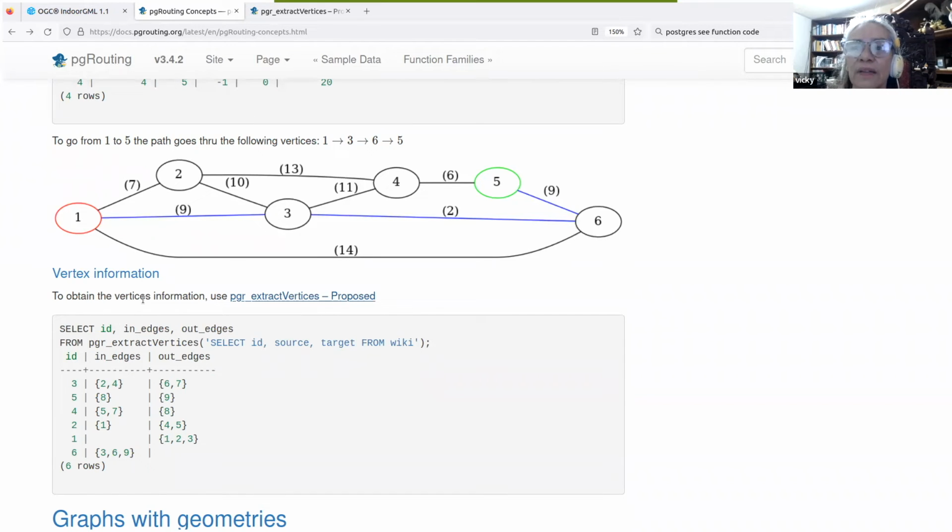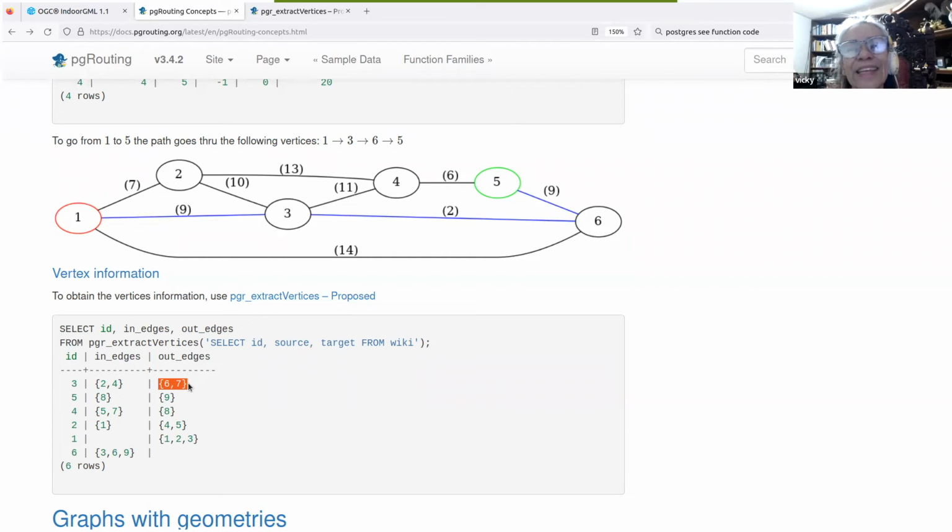This one will give more consistent information. So when we extract the vertices using this function, we're going to be using the same query as an inner query, and we will have that vertex ID who has as in edges 2 and 4, and out edges 6 and 7.